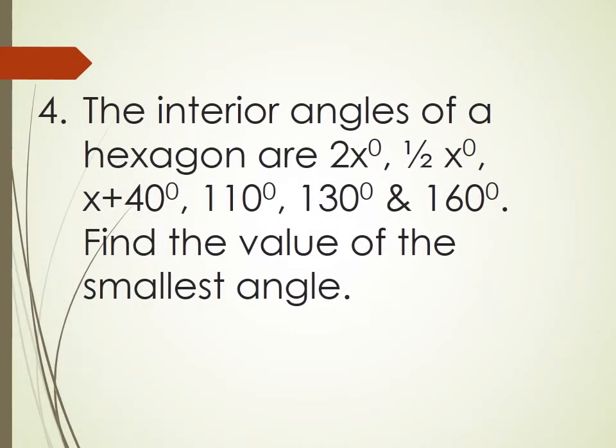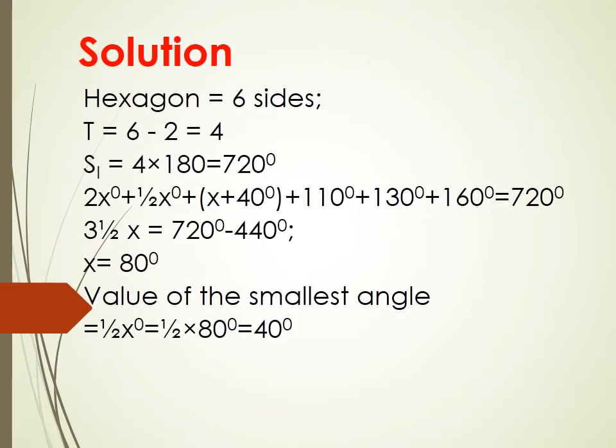Question 4. The interior angles of a hexagon are 2x, a half x, x plus 40, 110, 130, and 160 degrees. Find the value of the smallest angle. Solution: a hexagon has 6 sides.